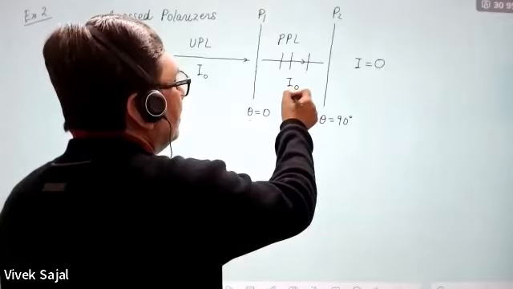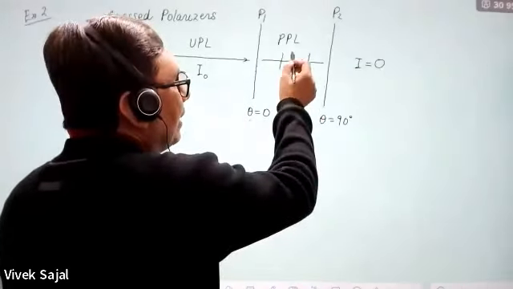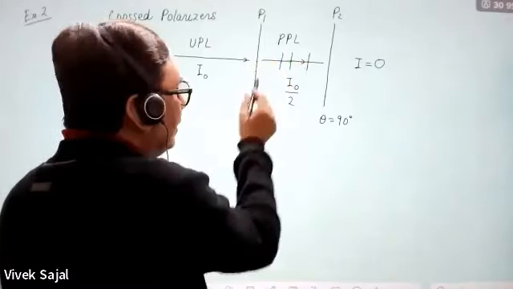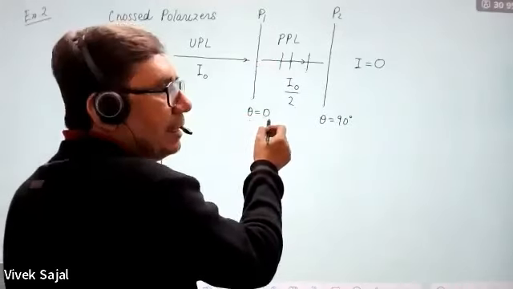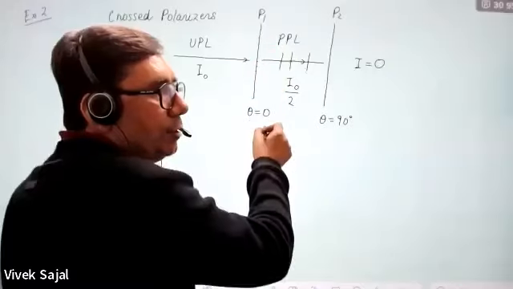It doesn't matter. And this will be plane polarized light, and the electric vector of this plane polarized light will be parallel to the pass axis of this. Here, the pass axis is at theta equal to 0, so the electric vector will be parallel to the theta equal to 0 direction.